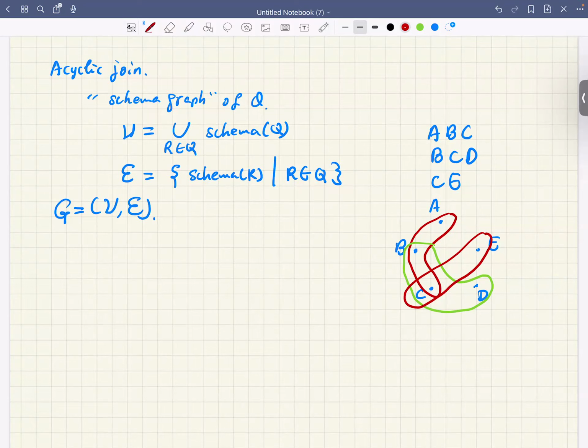And I can tell you this is acyclic. But why? Why is it acyclic? If we talk about conventional graphs with binary edges, acyclicity there is defined with respect to cycles.